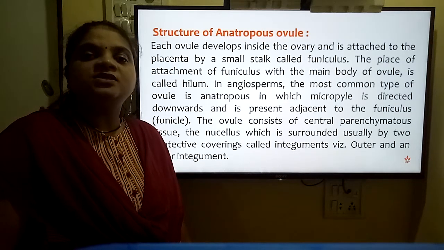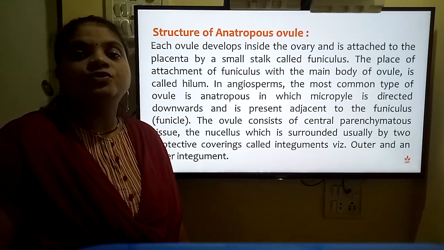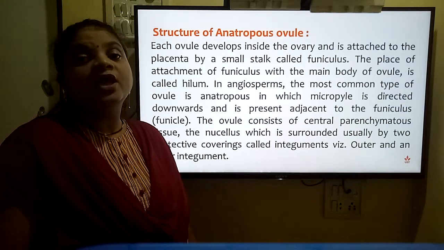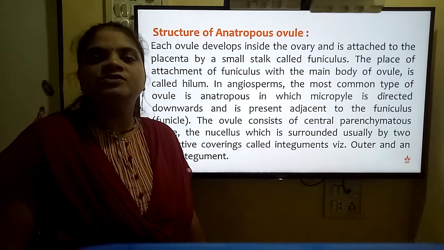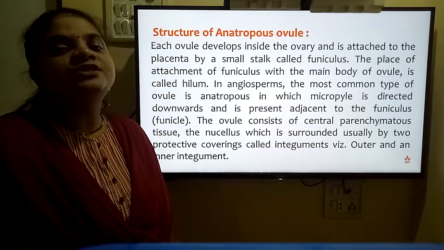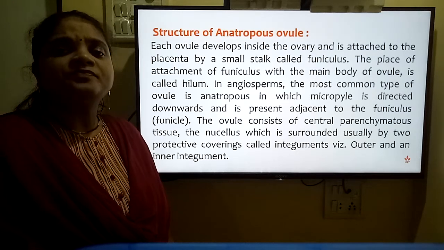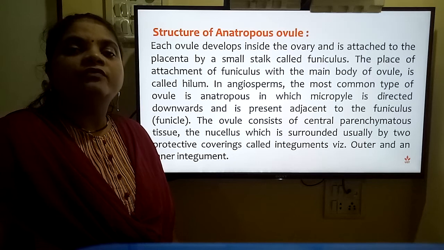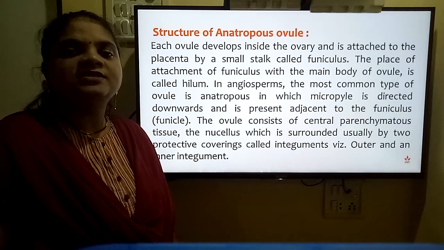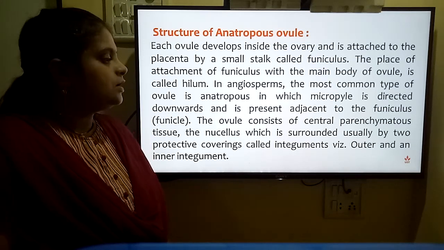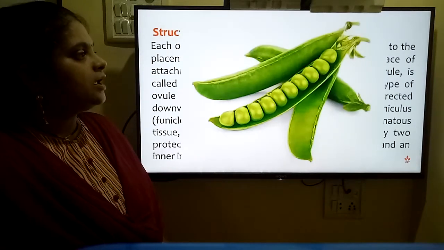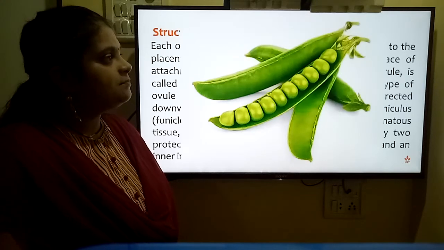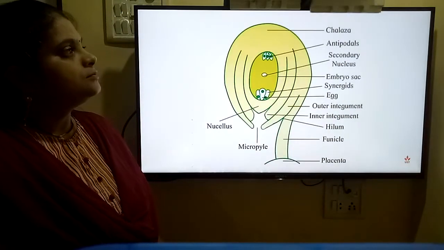Now there is parenchymatous tissue in the ovule at the center, which is called the nucellus, and this nucellus is covered by the outer integument and inner integument. So it is covered by these two layers, which are called integuments. Okay, now this is again the structure of a multi-ovulate ovary, as in the pea plant.